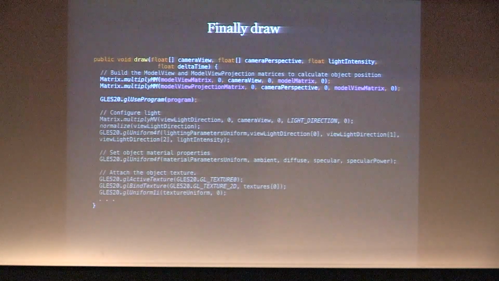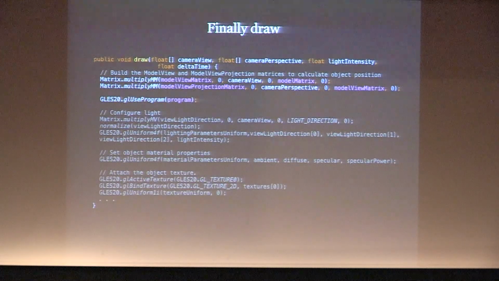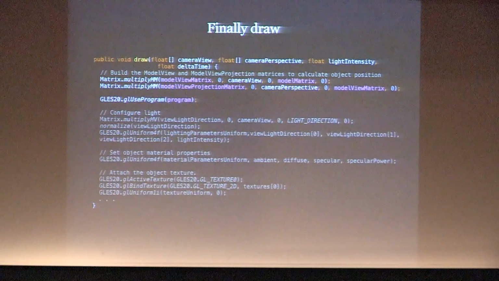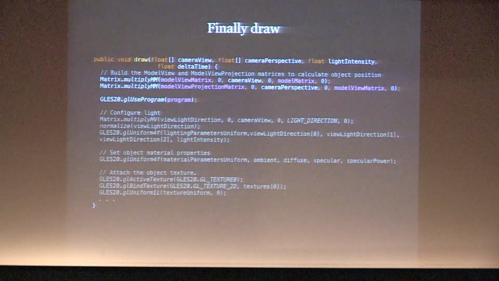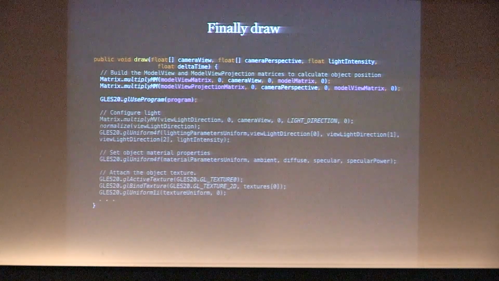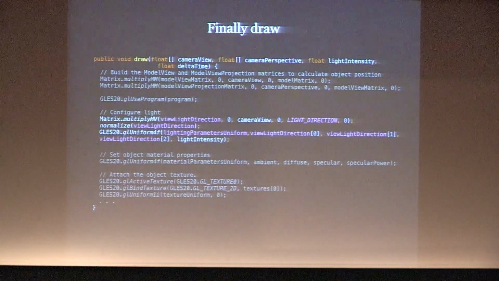Finally, we need to draw elements. This is where most of the heavy lifting comes into play. You can see I'm getting my view matrix and projection matrix in order to calculate the object's position on the frame. And this information, the view matrix and projection matrix, comes from a camera that we retrieved from ARCore. The next thing is to configure some lights and tweak some light data.